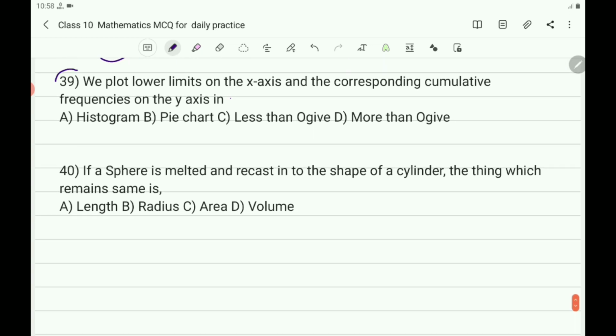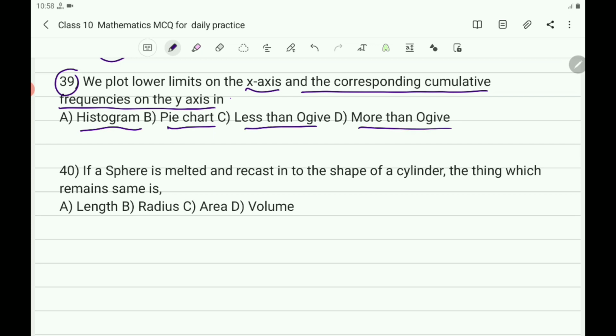Next question number 34. We plot lower limit on the x-axis and the corresponding cumulative frequencies on the y-axis. It is histogram, pie chart, less than ogive, more than ogive. Here you are taking lower limit on the x-axis and the cumulative frequency on the y-axis.